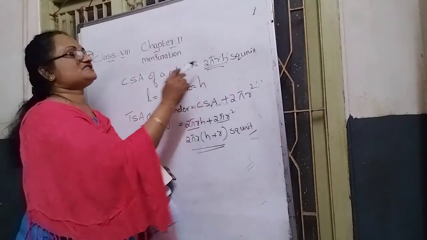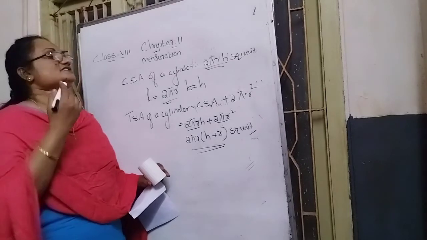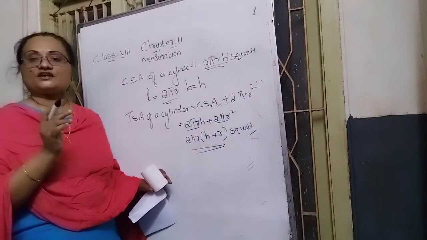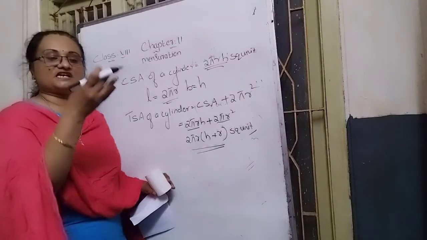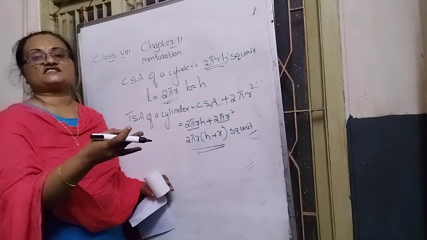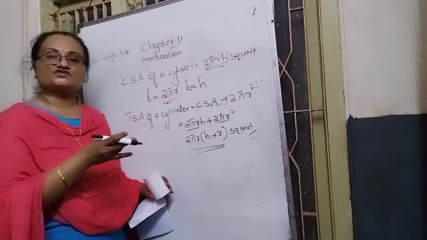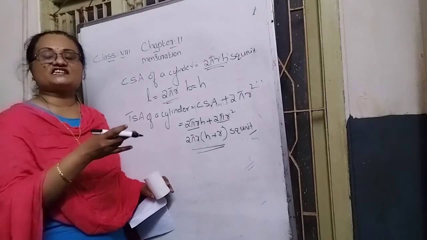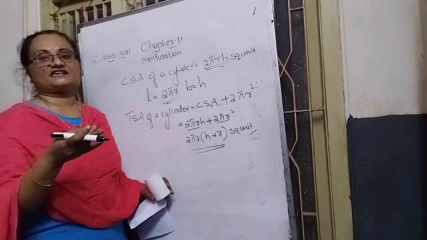CSA of a cylinder is 2 pi r h. I hope you understand these three: LSA means lateral surface area, TSA represents total surface area. In the cube and cuboid case, we use only LSA because each face is a square or rectangle shape.